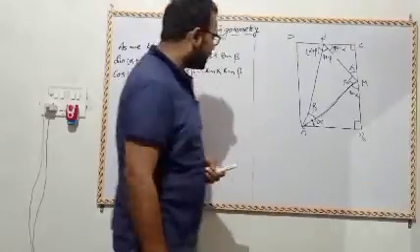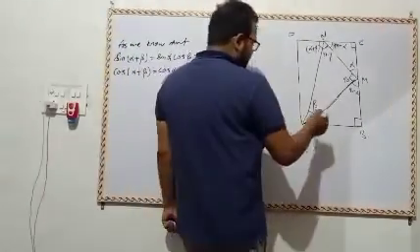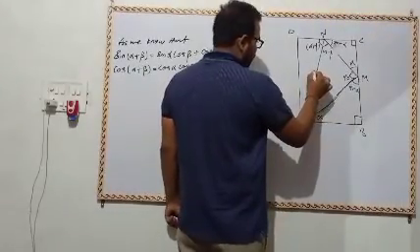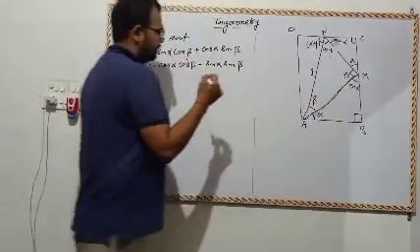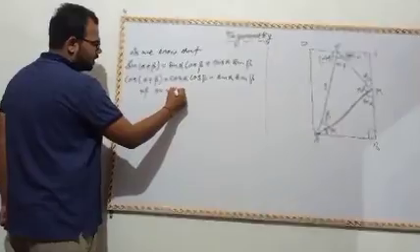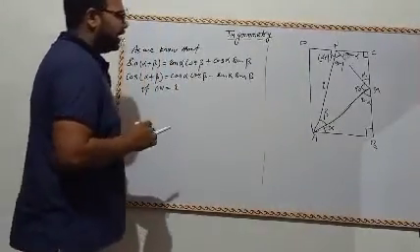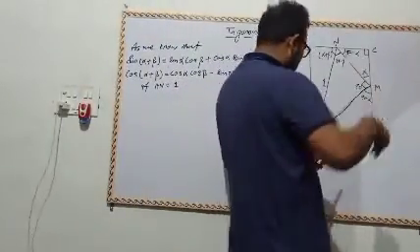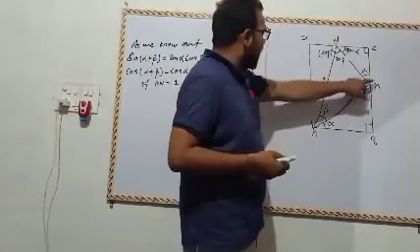Now, how can I solve it? Consider AN equal to 1. If AN is equal to 1, think about triangle AMN.